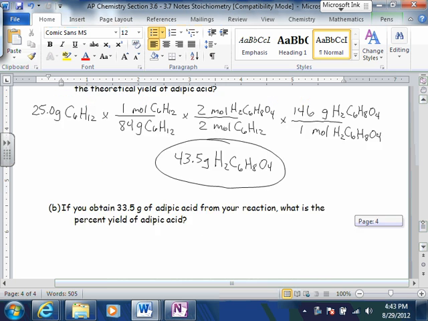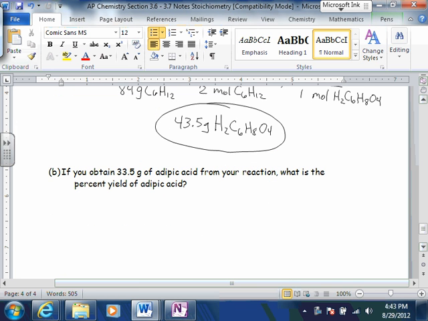Okay? Now what they want to know is, let's say that we get 33.5 grams instead, what's the percent yield? Okay? So, again, percent yield is going to be actual over theoretical. So our actual here is 33.5 grams. Our theoretical is 43.5 grams.